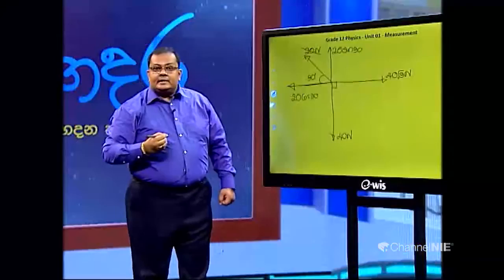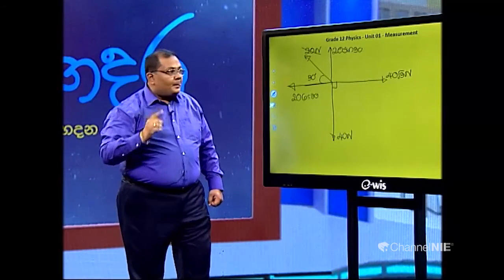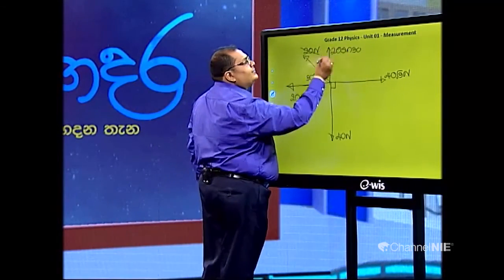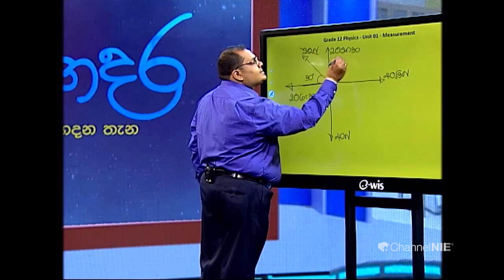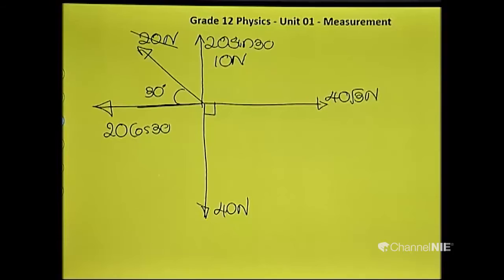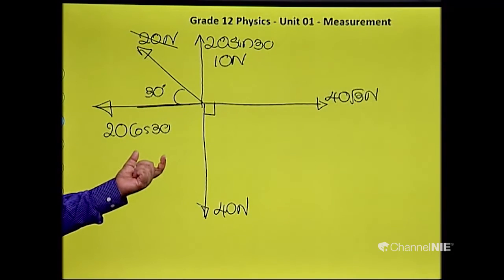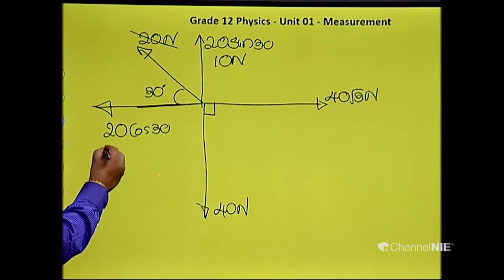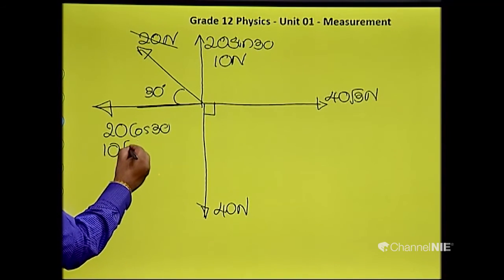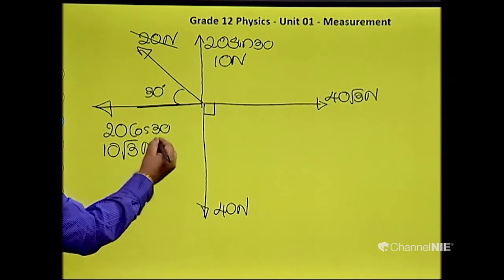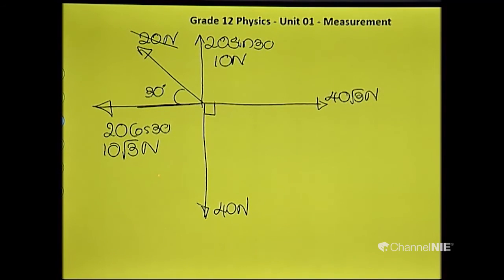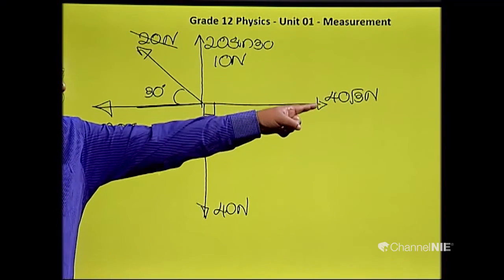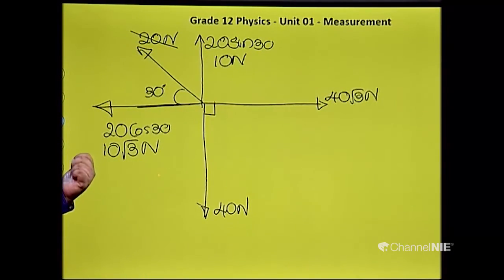We know sin 30 is half. Sin 30 half means here the value is 10 newtons. And cos 30 is root 3 over 2, so 10 root 3 in this direction. Now you can find the horizontal resultant first. How much? 40 root 3 and 10 root 3.